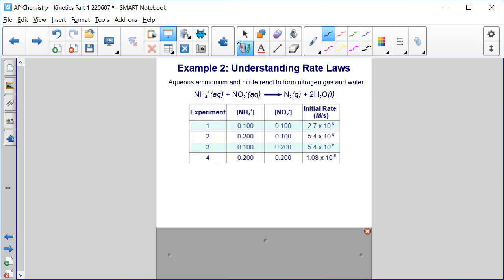So for the NO2 minus, I had written the equation on the previous slide for the rate. So if you want to go back and watch that, you can.